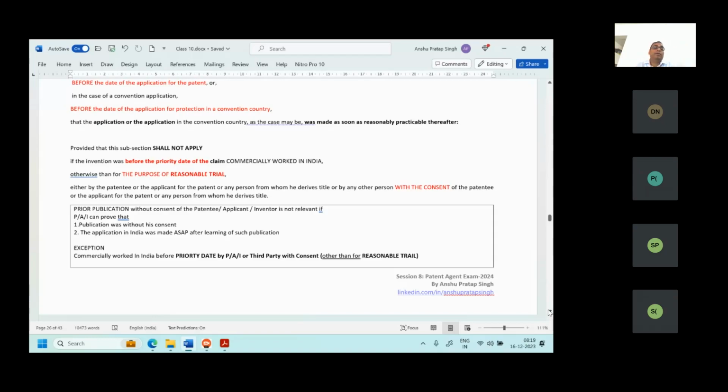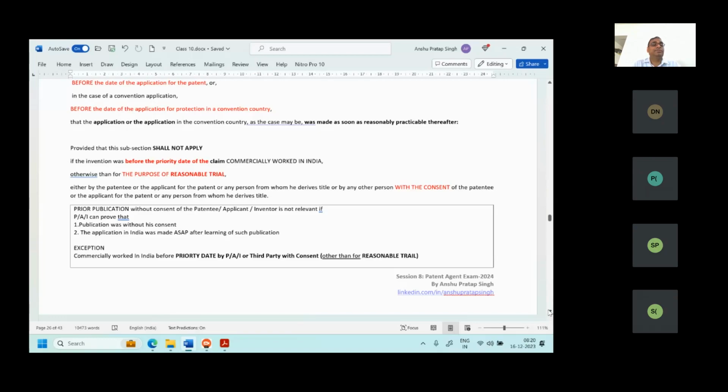Now, the exception is what? If your publication is because you have commercially worked in India. If your invention is commercially worked in India before the priority date by the patentee, applicant, or inventor, or a third party with consent, then that prior publication will be considered relevant.